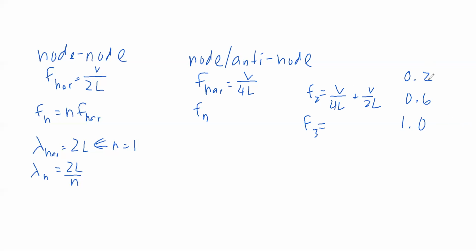Well, it's 0.4 times V over 2L, but with this extra factor. So you sometimes include a minus sign in it to show that it is V over 2L.